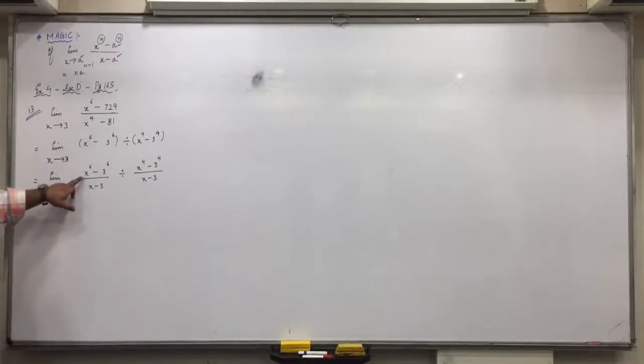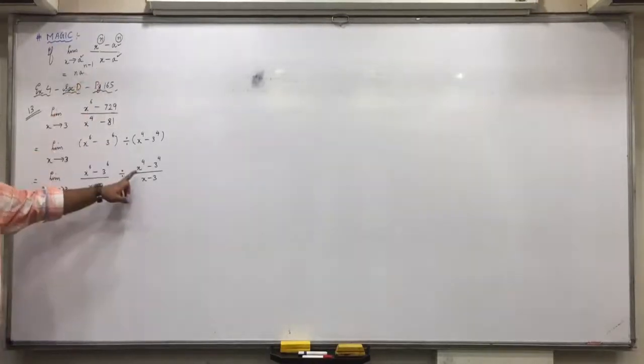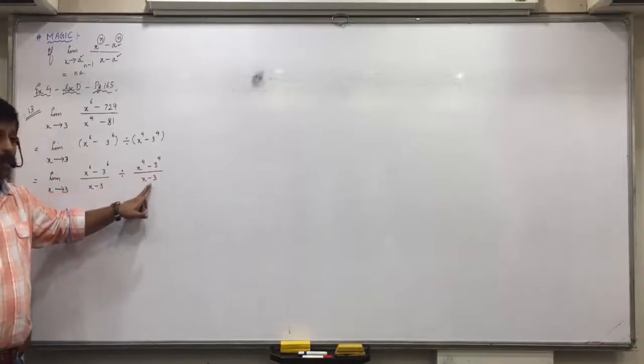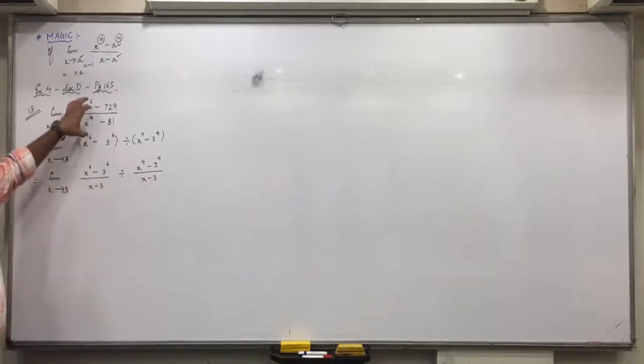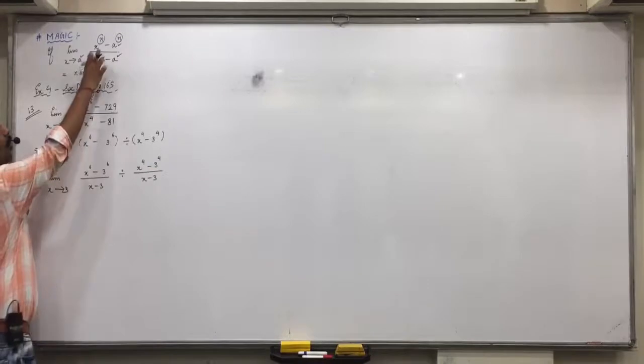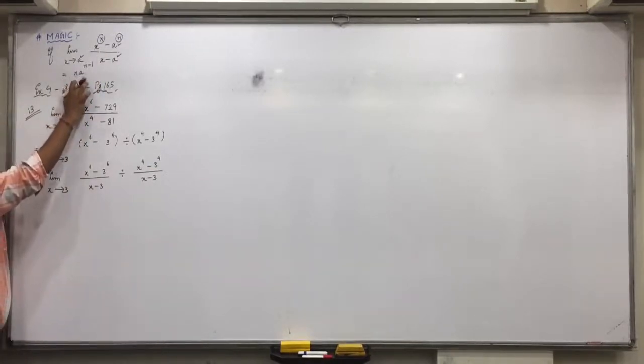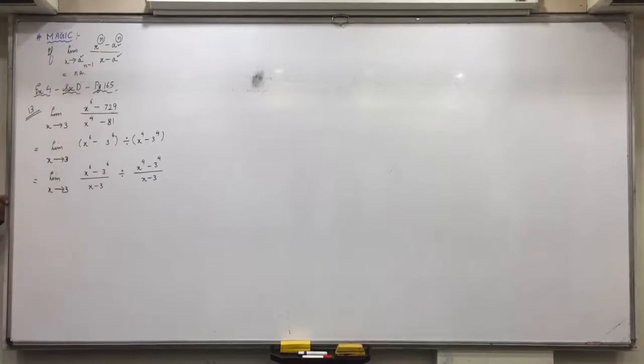Now x raised to n minus a raised to n upon x minus a, and this also x raised to n minus a raised to n upon x minus a. So we have converted this question into this order to use the formula n a raised to n minus 1.